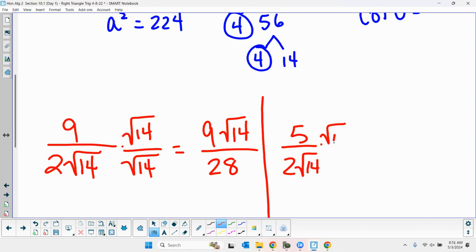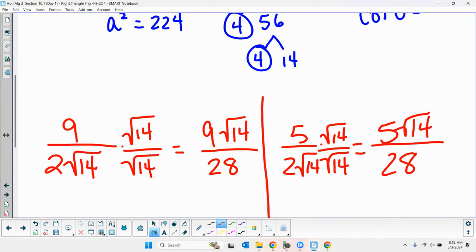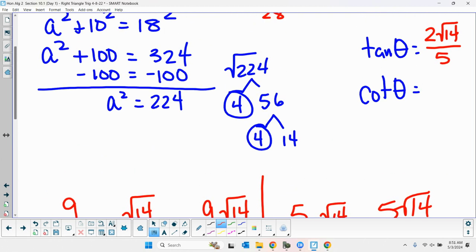I got to do the radical 14 again. And that's 28 again. Okay? So there's our 6 trig ratios, trig functions.